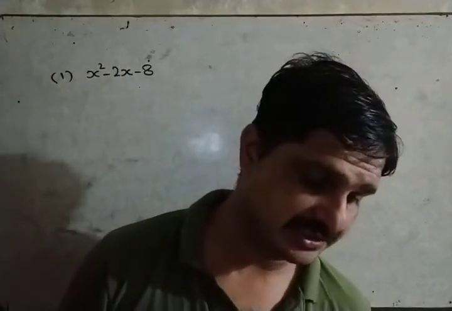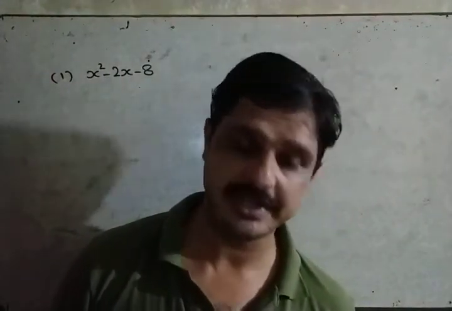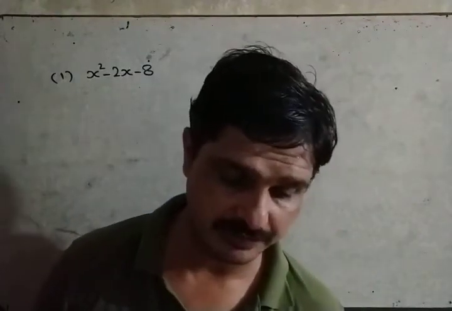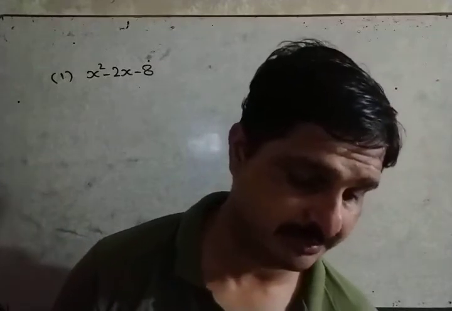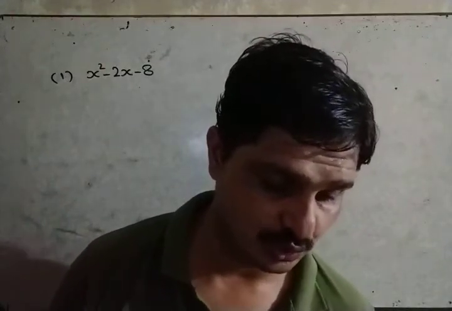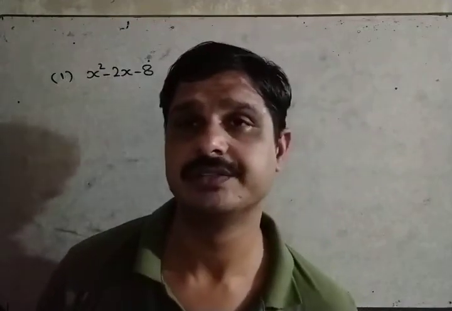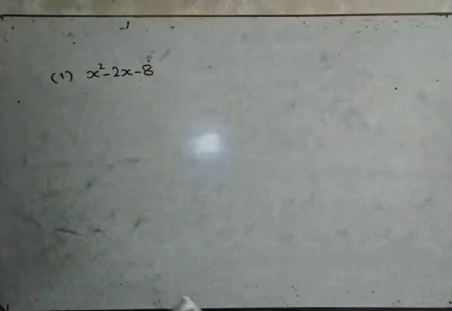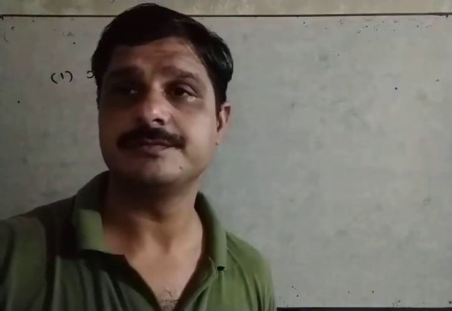Now our question is this: find the zeros of the following quadratic polynomial and verify the relationship between the zeros and the coefficients. So we need to find the zeros. Let us write the question.